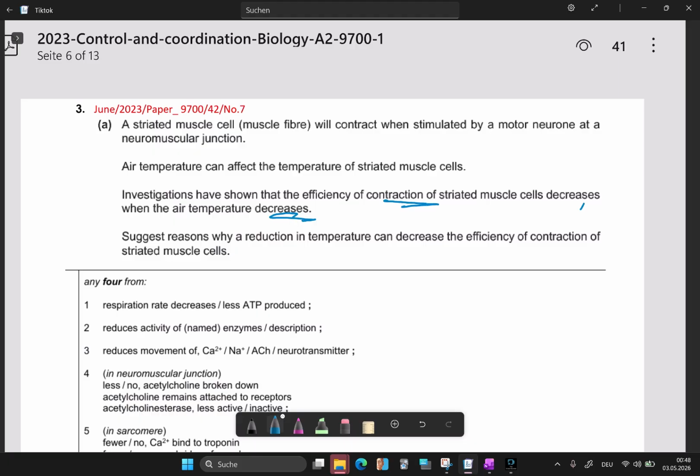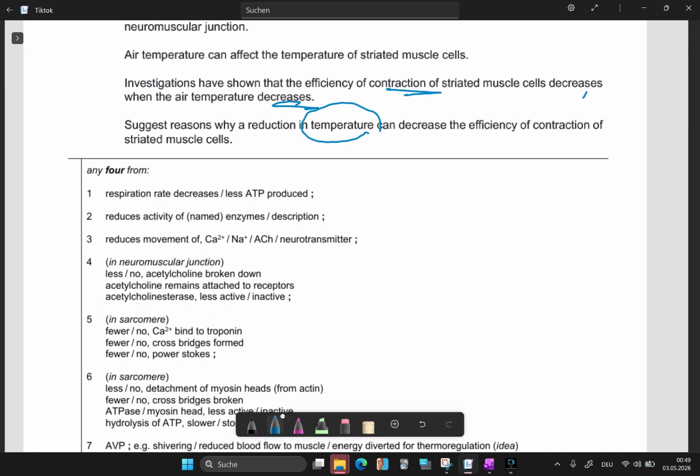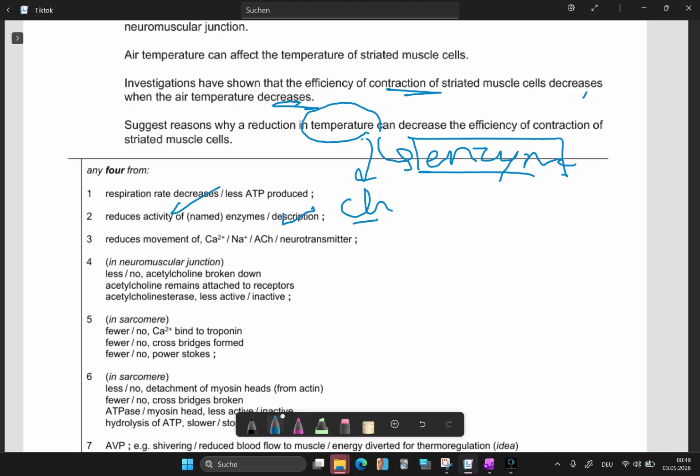So what does temperature affect? Temperature usually affects two things we know. It affects enzymes or proteins in general and the channels. So those are the two proteins that we know. Firstly, any process that requires enzymes will decrease. So any enzymes needed for muscles or any respiration will decrease.